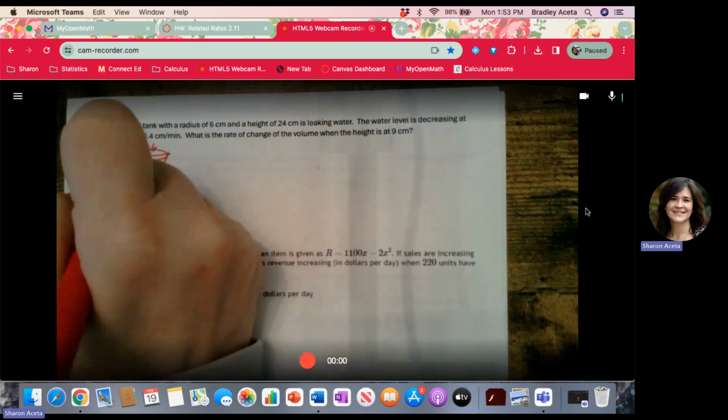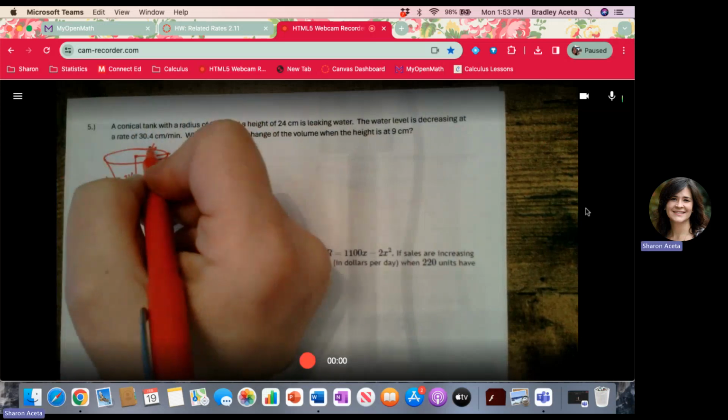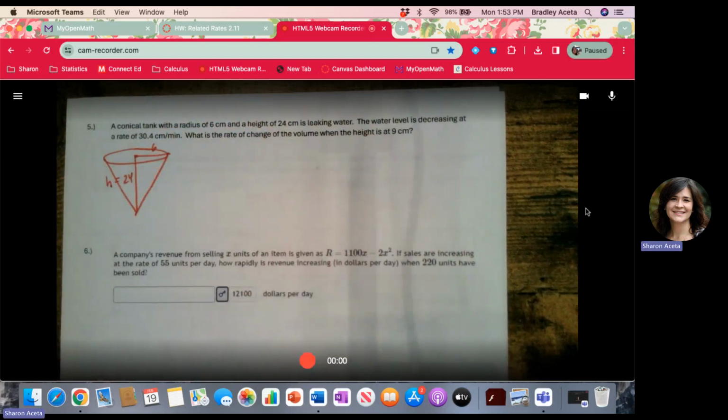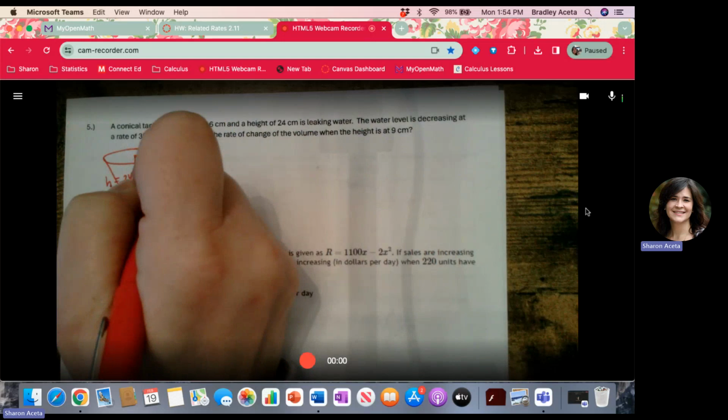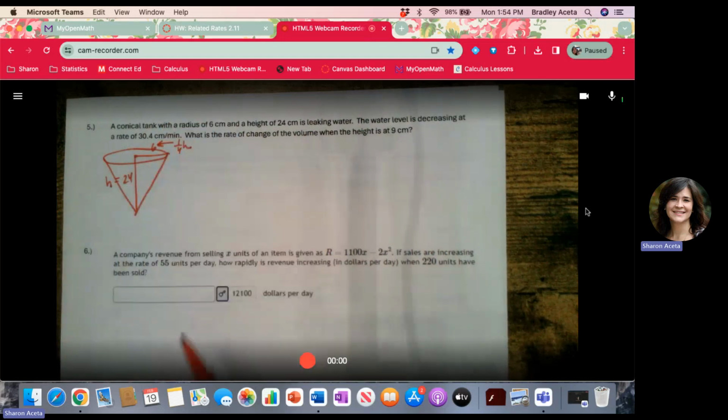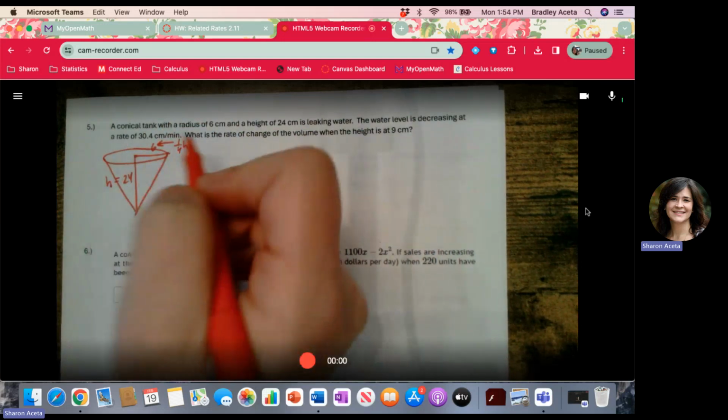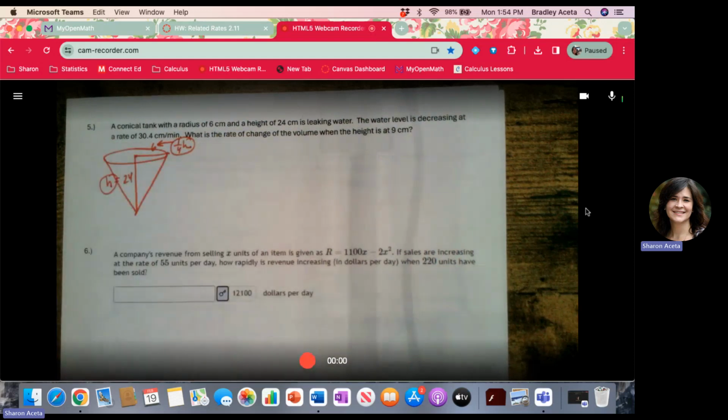So if I call this H, how is 6 related to 24? Well, 6 is 1/4 of 24. So this is really 1/4 of H. This is what you're going to be using in your formula.